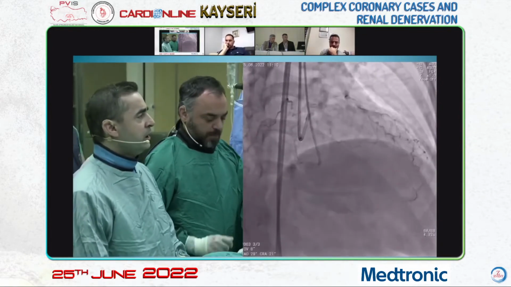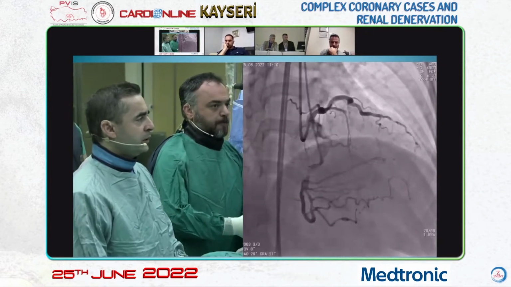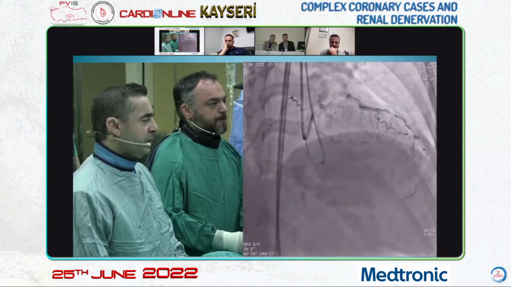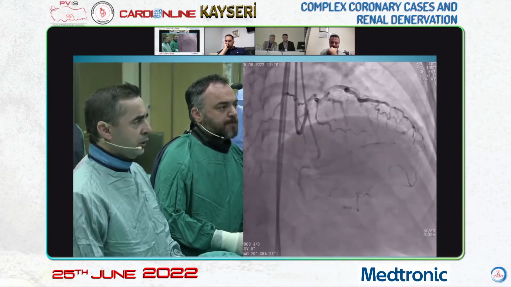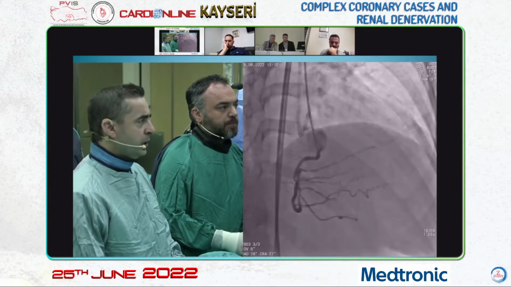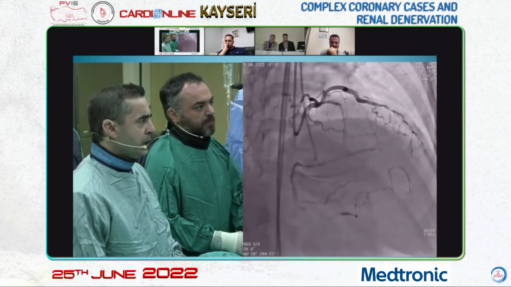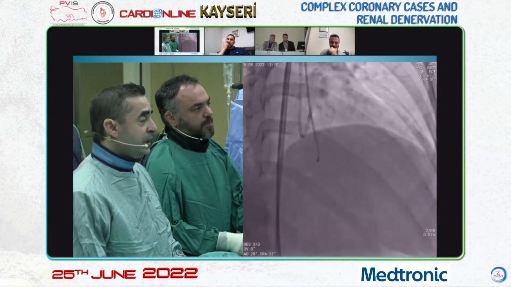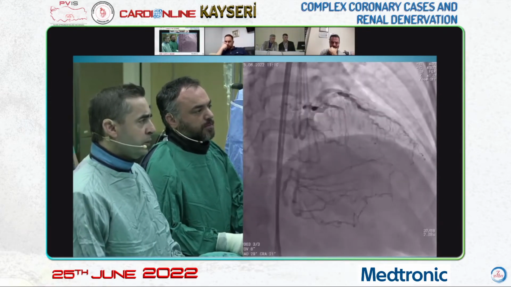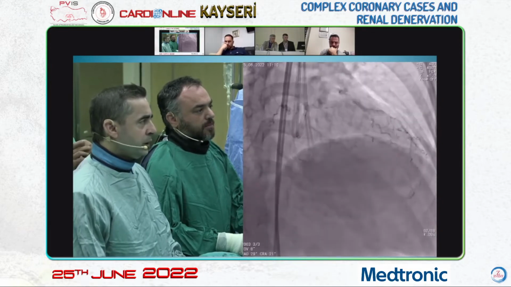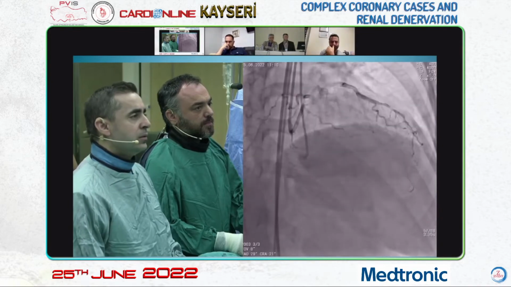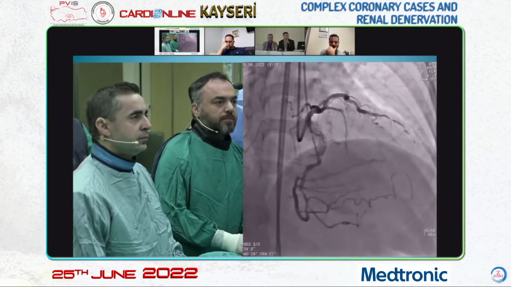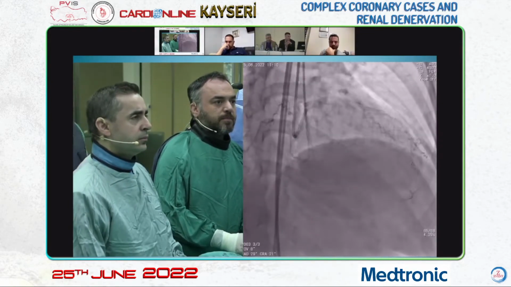Actually, it must be waited for a few months, but the application is a little bit early. Maybe the CTO classification can be done here, the blunt type 2, a tried operation. There is angling. We are not sure about the angle. It may be upward. What are your opinions about the lesion and the case?